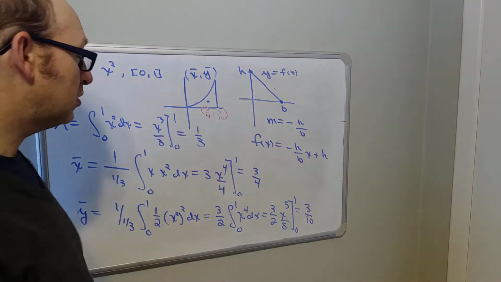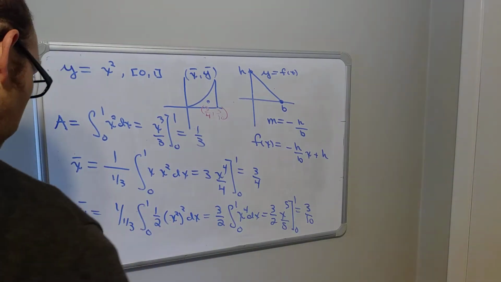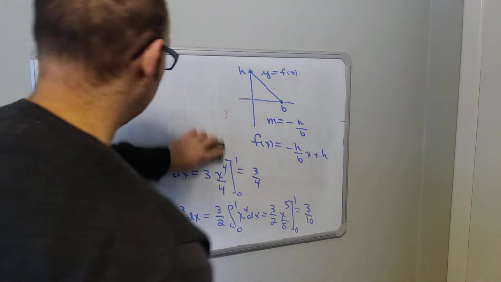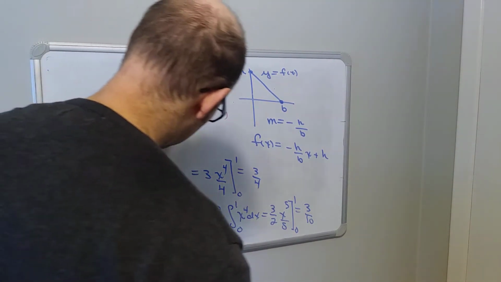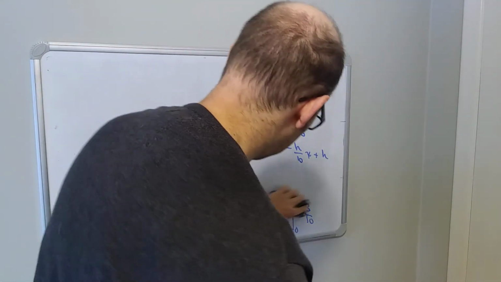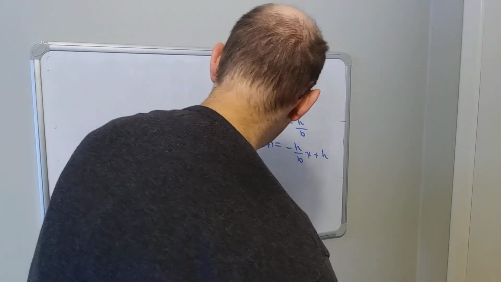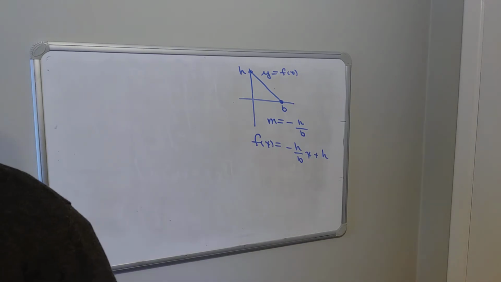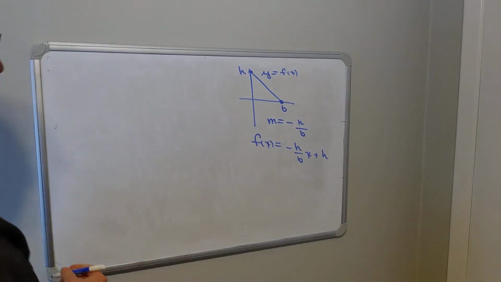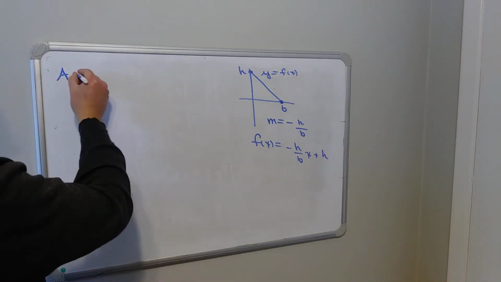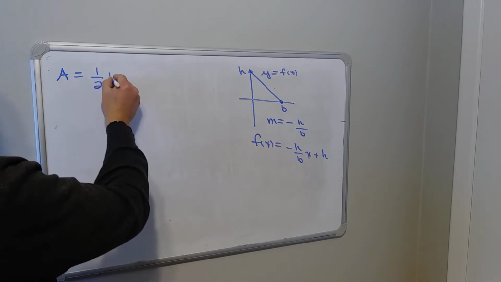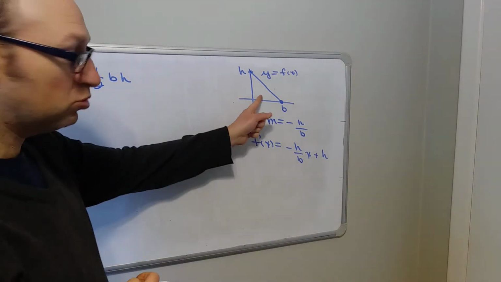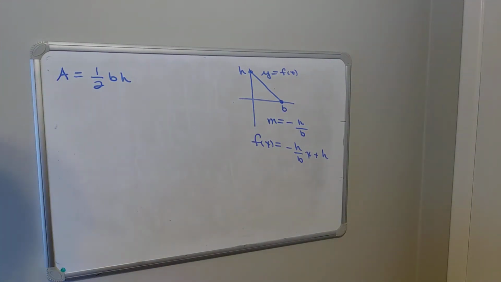We'll find the centroid of a triangle. So there is a little shortcut. We already know the area of a triangle. It's just 1/2 the base times the height. So 1/2 b times h is the area, and that saves us from having to do at least one integral.